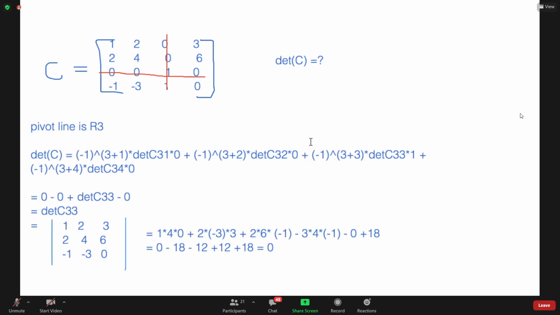Yes, exactly. You would have gotten exactly the same answer if you would have chosen determinant, actually, wait, give me a second. If you would have wanted to choose determinant of C22, you would have had to take pivot line, line 2. Everything that I've done here for the determinant of C, I've done according to the pivot line, row 3.